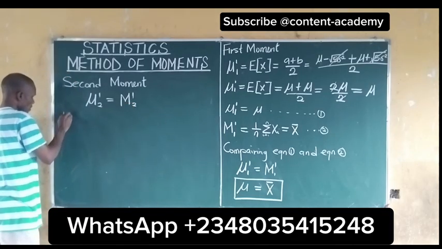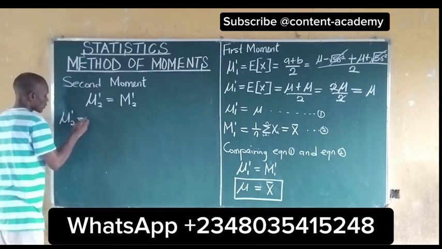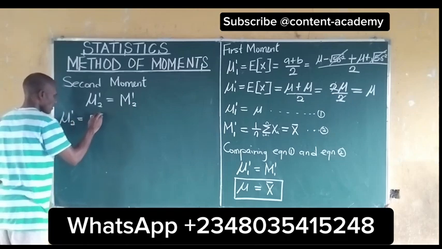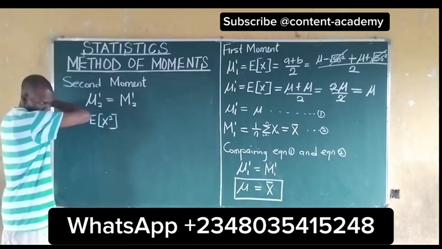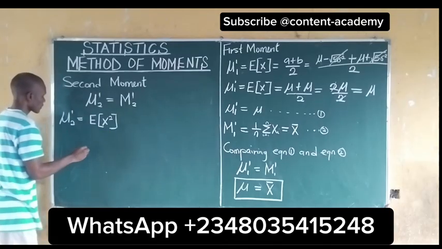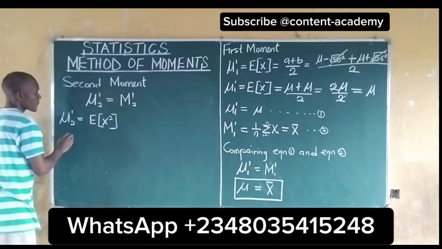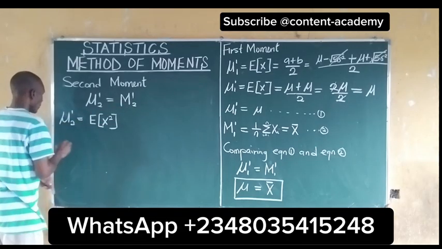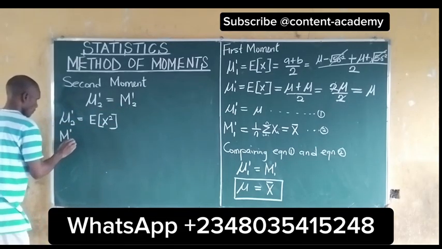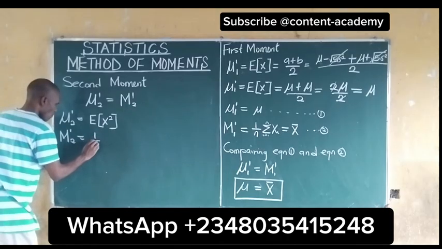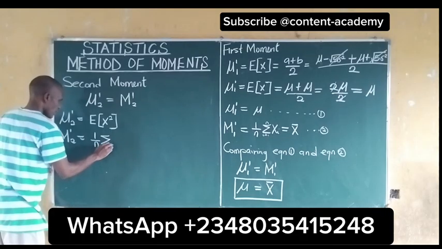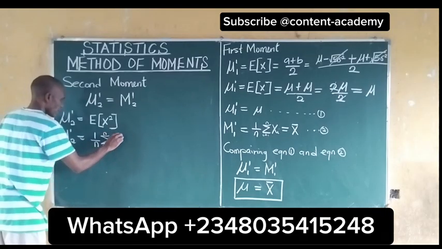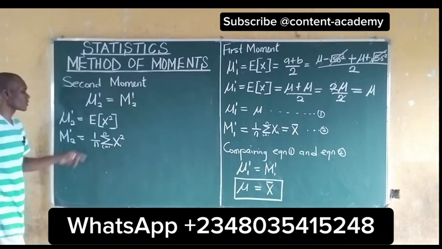And our population mean is equal to the expected value of x squared, and we have our sample mean to be 1 all over n, the summation of, as i running from 1 to n, xi squared. So this is what we get.